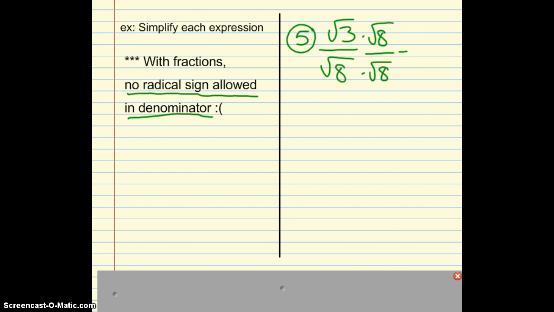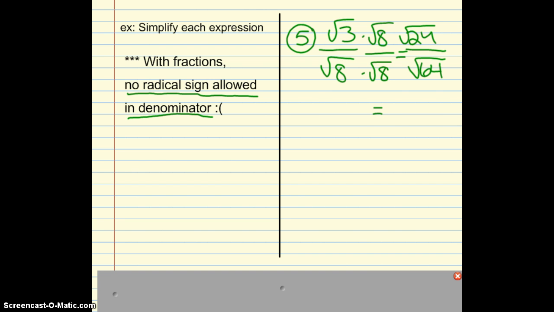I'm going to multiply across now. We'll have the square root of 64 as our denominator, square root of 24 on top, and we're going to continue to simplify that downwards.